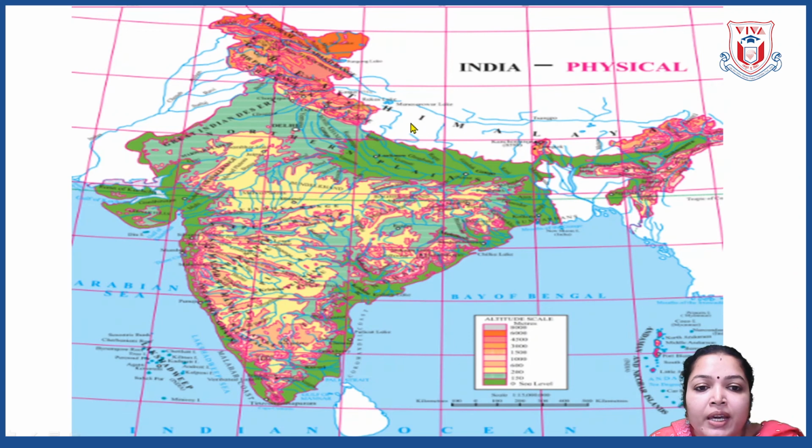Because of the Himalayas, they retreat, travel back to India, and bring rainfall to the southern peninsular region. So the Himalayas create a very great influence on the Indian climate. Otherwise, there are cold winds blowing from here also, but the Himalayas act as a barrier, so these cold winds don't enter India.